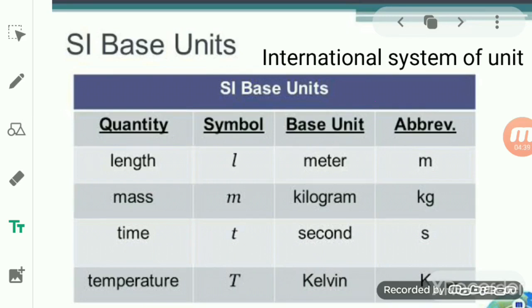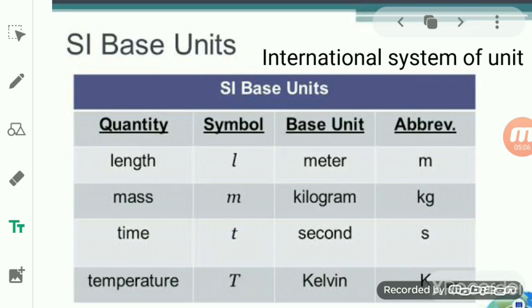Because it does not vary from person to person or from place to place. Different people and different countries were using their own units, so a standard unit must not vary from person to person. It must have a fixed value. So its name is standard unit.